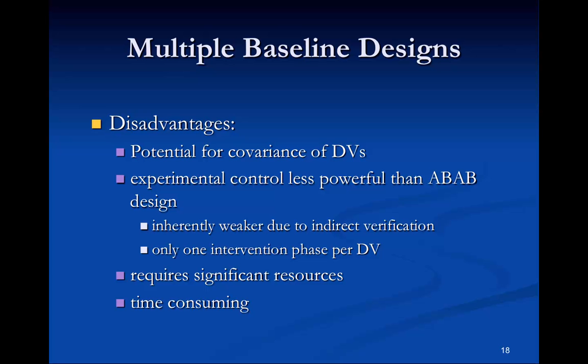Now, your book also talks about, Richard spends some time talking about how it's less powerful than an ABAB design. Well, yeah, boy, an ABAB design is just so straightforward.